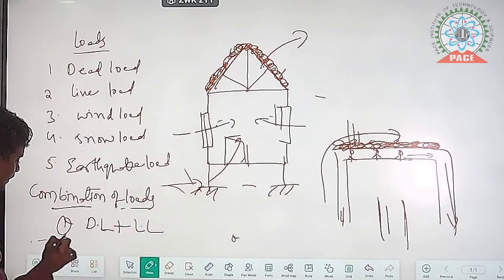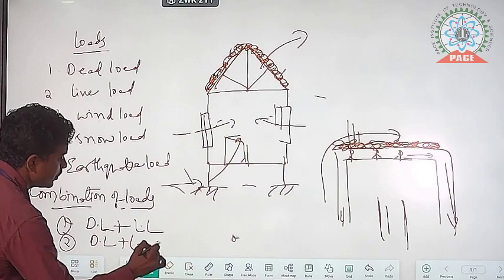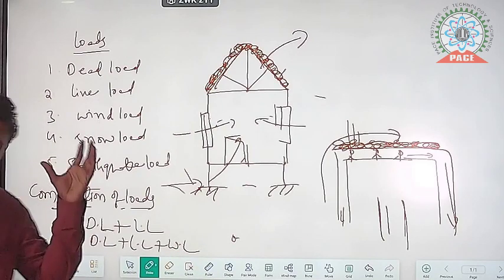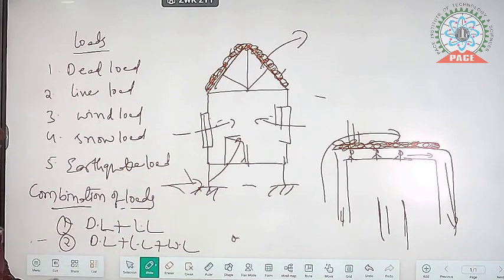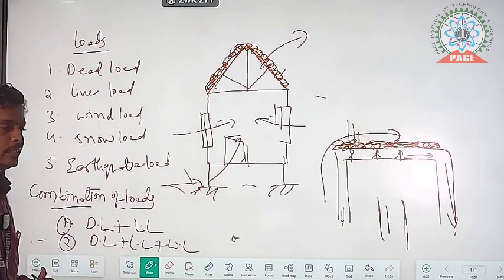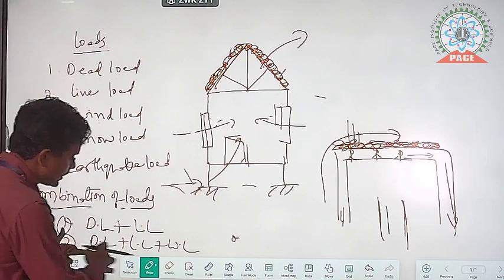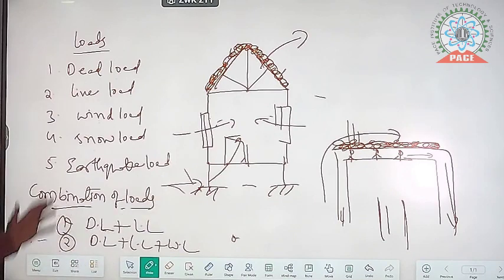Like that, combinations of loads we have to take as per our requirement. For that particular city, if required, we have to consider these three loads in combination, and then these two loads in combination, like that. Sometimes snow load is also there. These are the loads and the load combinations. And next, we have to remember one thing.